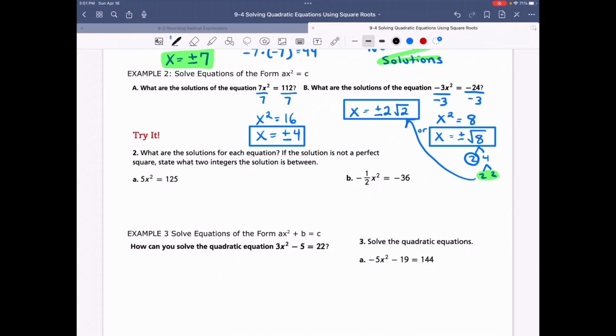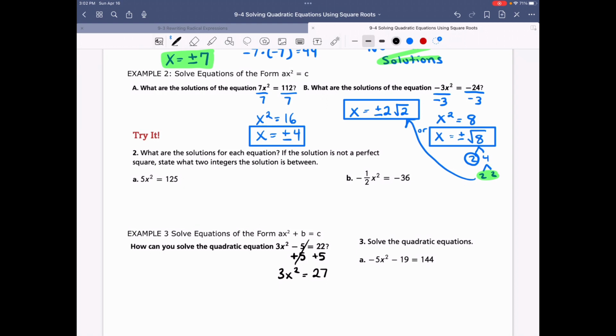All right, example 3. Solve equations of the form ax squared plus b equals c. This is now just a two-step equation with x squared in it. So what would the first step be? Yeah, we're going to add 5 to both sides. So 3x squared comes down, the 5's cancel, equals 22 plus 5 is 27.